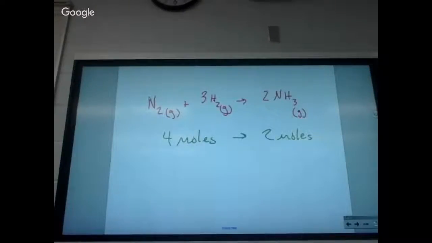There are 5, and it yields 2, so we would decrease. Number 13, we go from aqueous to liquid, so it decreases. Number 14, they're all gases. You go from 2 to 2, no change. And 15, you go from gas to liquid, so it decreases.